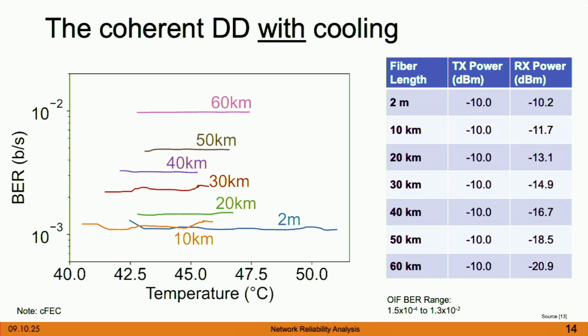Now you see different bit error rate values, and it's a different kind of transceiver. The coherent can live with a higher bit error rate. It's a different specification, and due to the local oscillator and the forward error correction that is being used, it can deal with a higher bit error rate. That is fine if you are in the range between 1.5 times 10 to the minus 4 and 10 to the minus 2, which I consider high. I'm impressed, but it still can correct, and it works up to 60 kilometers. This one was specified, if I remember, for 48, and it can still do 60.